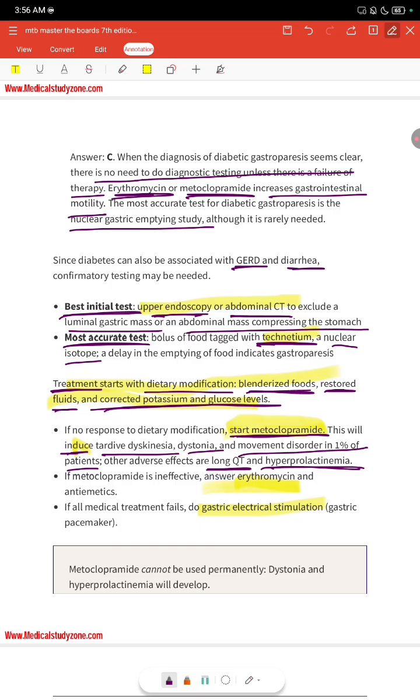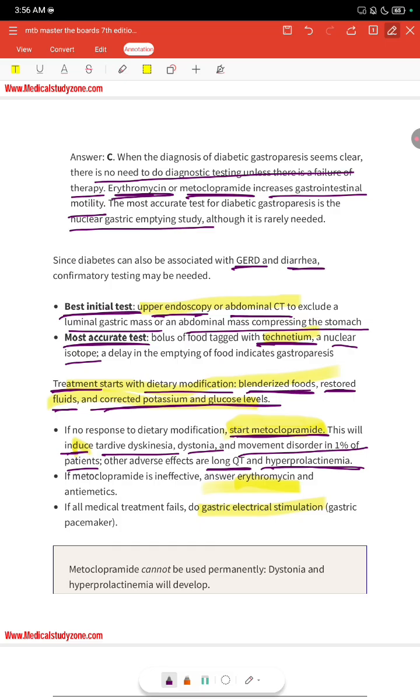It increases the level of prolactin in the blood and causes QT prolongation. So these are the adverse effects: long QT on ECG and hyperprolactinemia. In 1% of the patients, these very serious problems can occur. It can induce tardive dyskinesia, dystonia, and movement disorders.